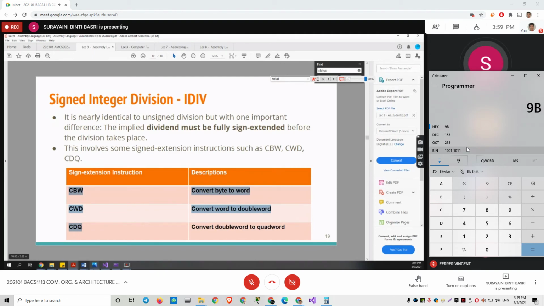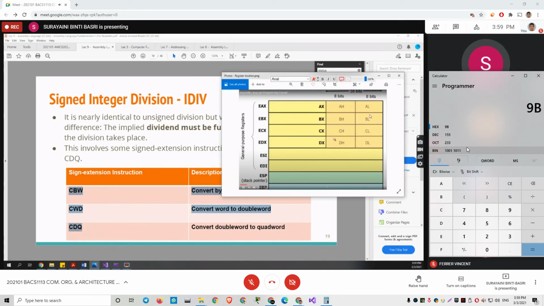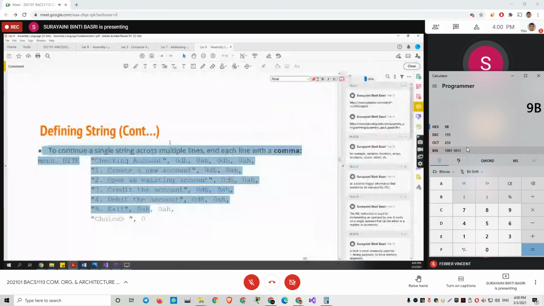For example, you have a positive number or a sign number already occupied. If I remember, last time we already learned how we extend an unsigned number, in our last lecture, lecture 8, if I'm not mistaken.